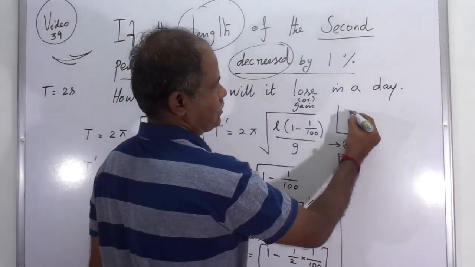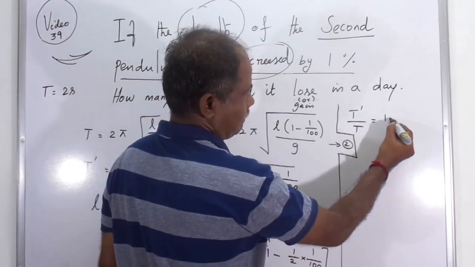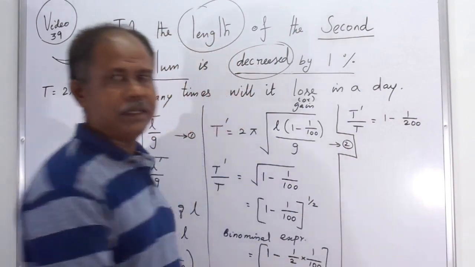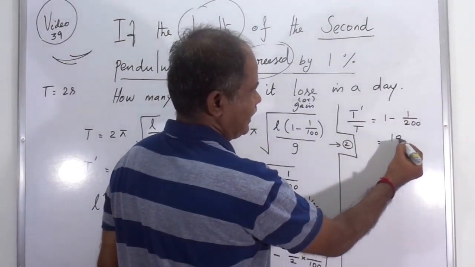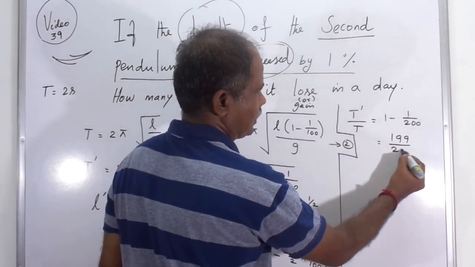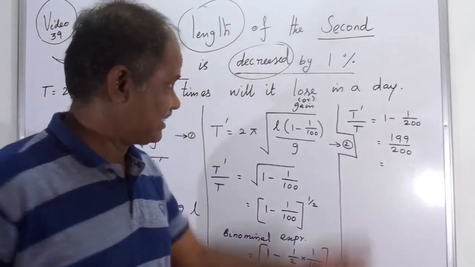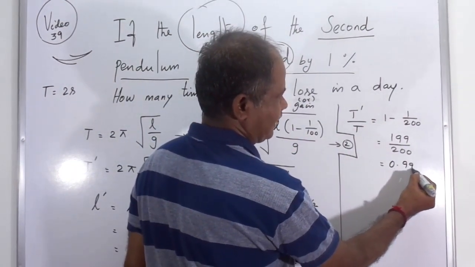The next thing is T dash divided by T. That is equal to 1 minus 1 by 200, that is 199 divided by 200. What is the value? 199 by 200 is 0.995.